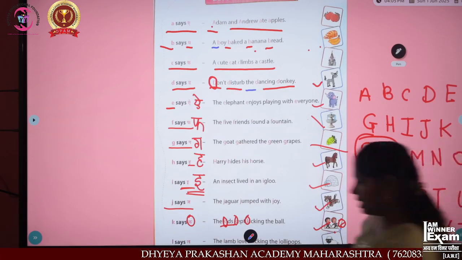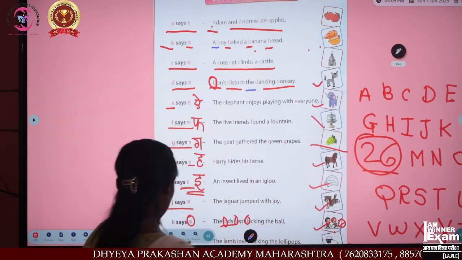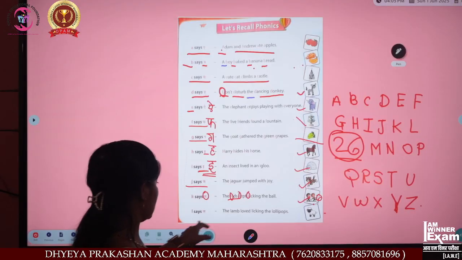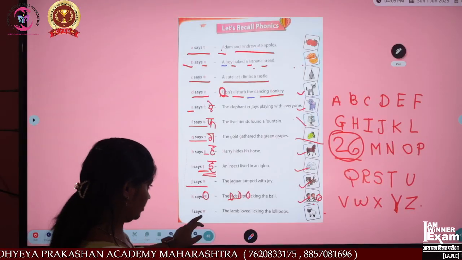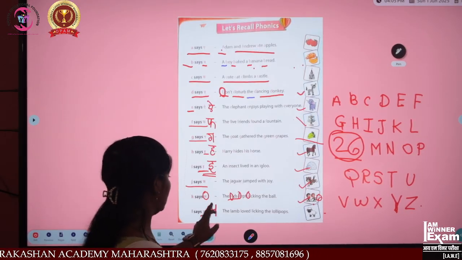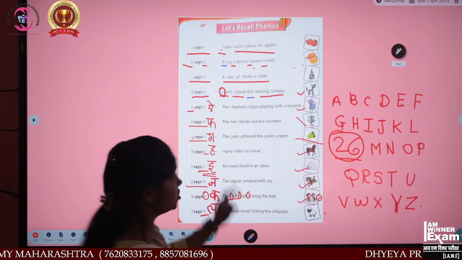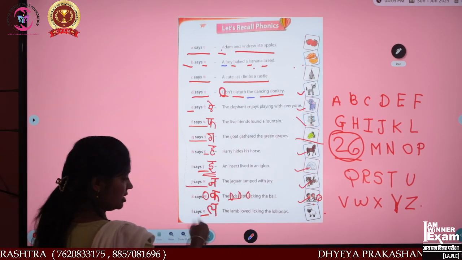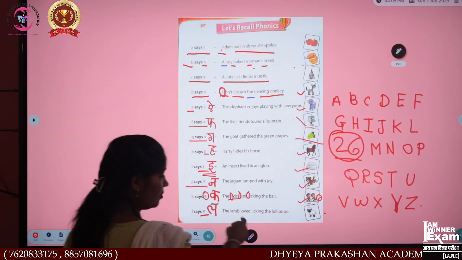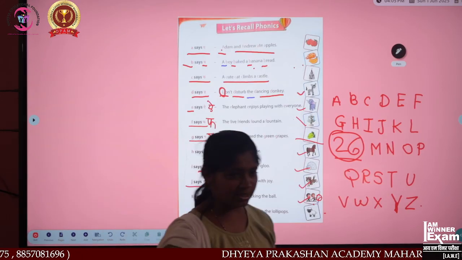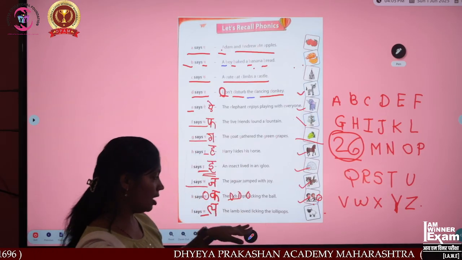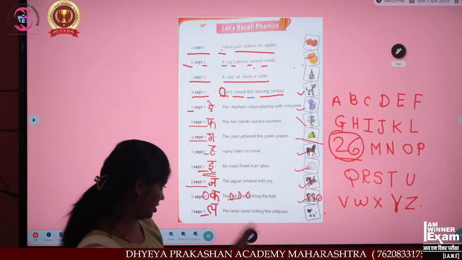Next, L says L. The lamb loves licking the lollipops.